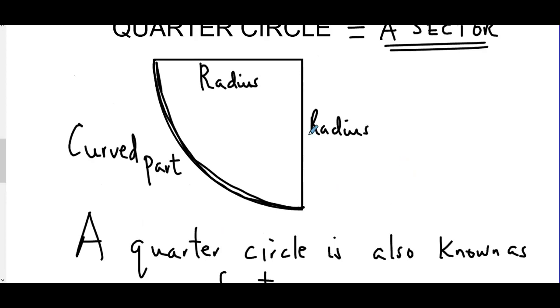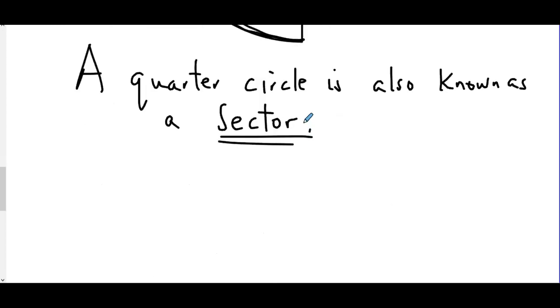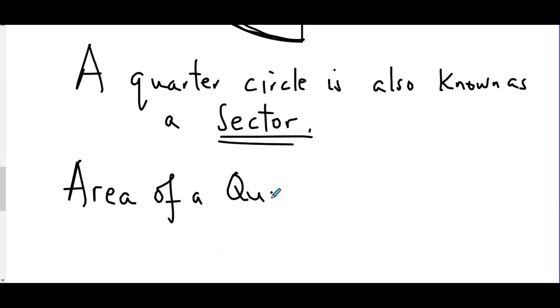Now let us see, how do we find the area of a quarter circle? What is the formula for the area of a quarter circle? You can pause this video and try to guess. As I said, quarter circle means 1/4 of a circle.